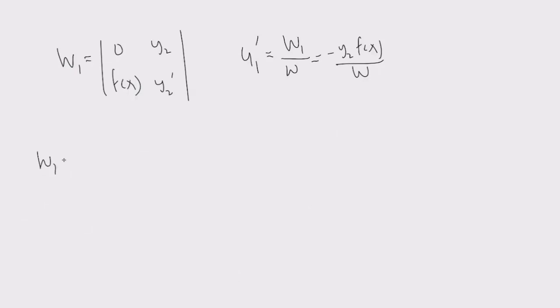Okay, so w1 is 0, and then 2e to the negative 2x minus e to the negative x. And then our y2 was e to the negative 4x and negative 4e to the negative 4x.